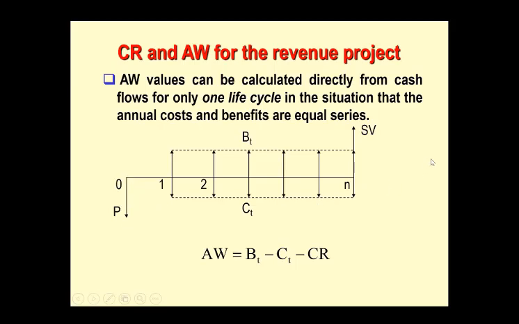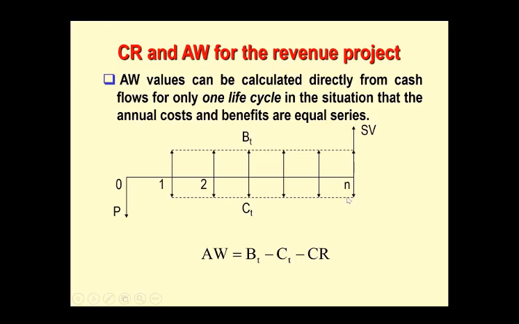From period 1 to period N, we have the equal payment series of benefits, BT, and the cost flow is an equal payment series, CD.